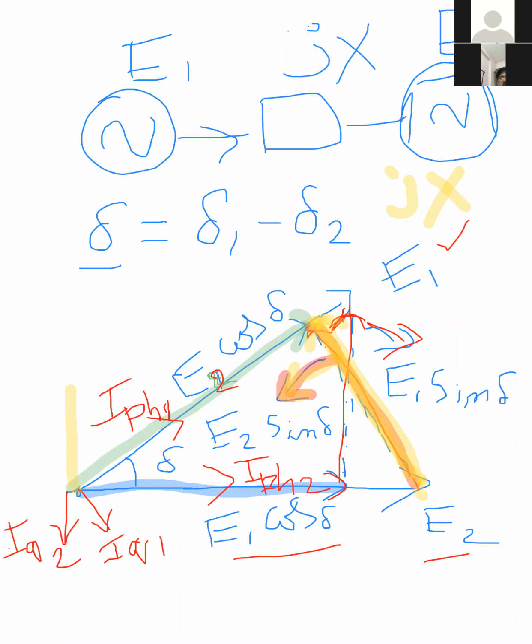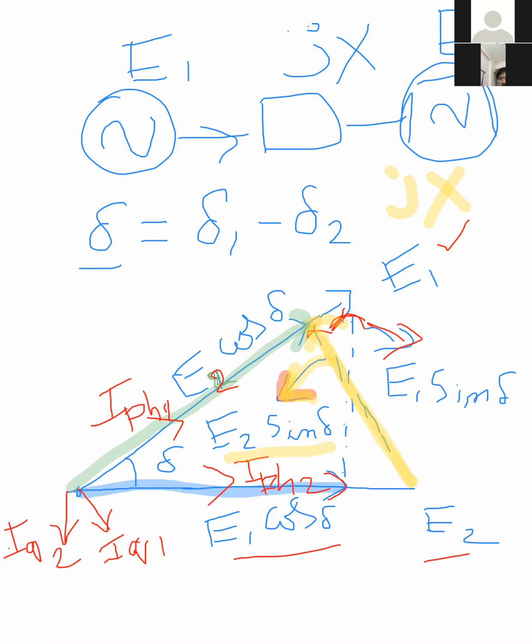I'm repeating this: resolving E2 in this direction gives rise to E2 sin delta.